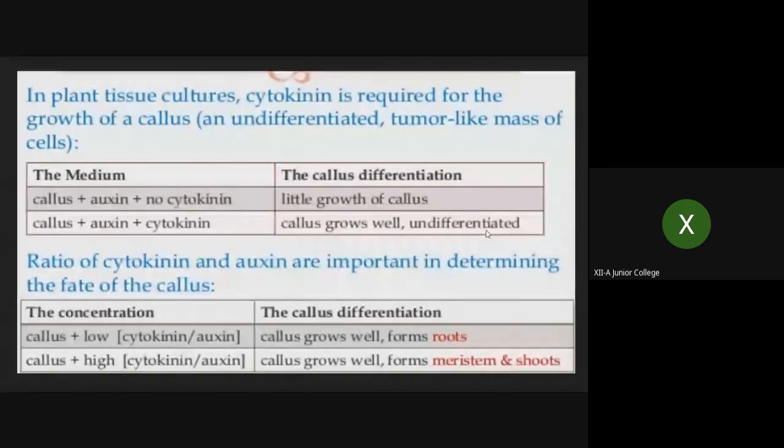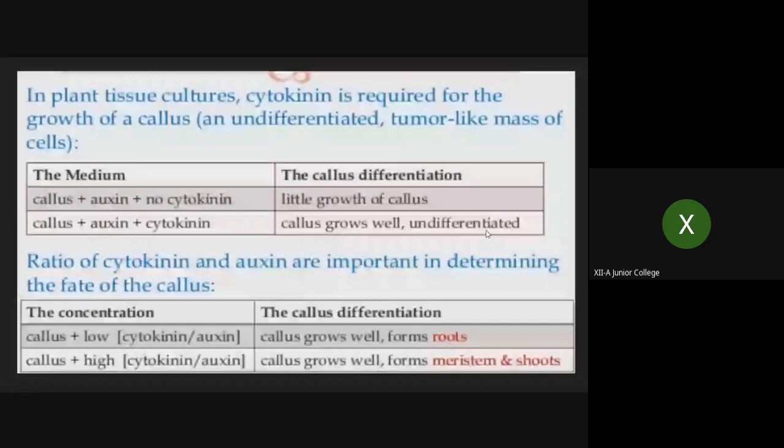And if a leaf is used as an explant, then from the leaf you want to grow the entire plant body, so both shoot and root initiating hormones are necessary to add. So the concentration and percentage of auxins and cytokinins is very specific in the artificial nutrient medium in tissue culture experiments.